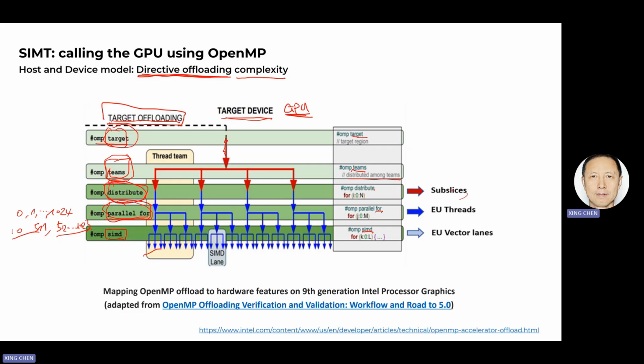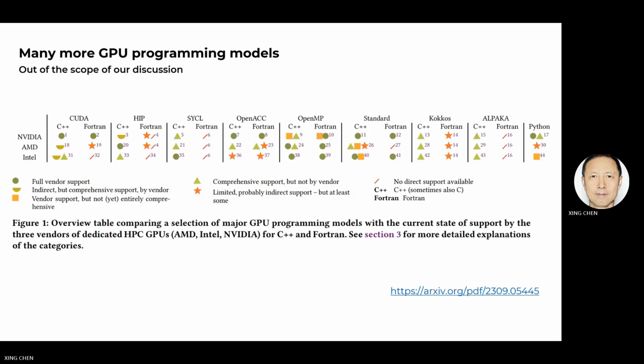You have to carefully work on these directives to have your workload really very well offloaded to the GPU. Okay, so we just had a very short introduction of this OpenMP directive offloading. Okay, that's the last slide of this part.